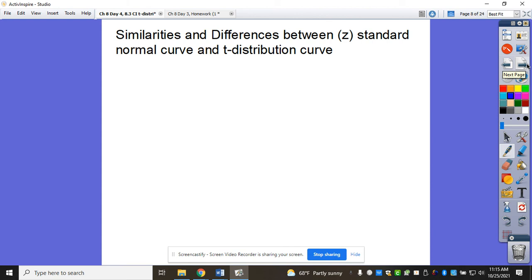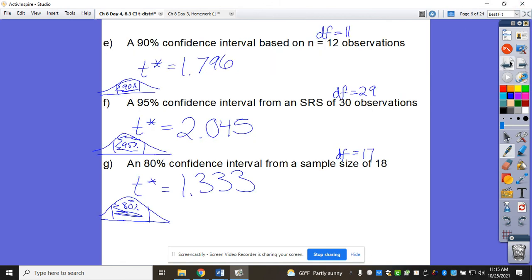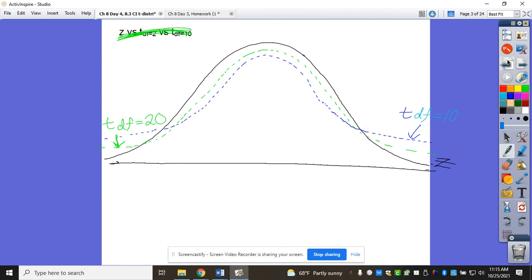All right, similarities and differences between the standard normal curve, which is Z, and a T distribution curve. We already started talking about a little bit of this with the curves that we drew. The first curve that I started with was the Z curve.